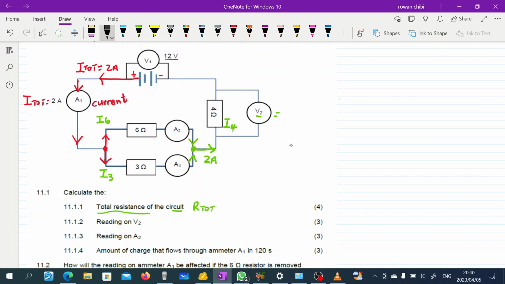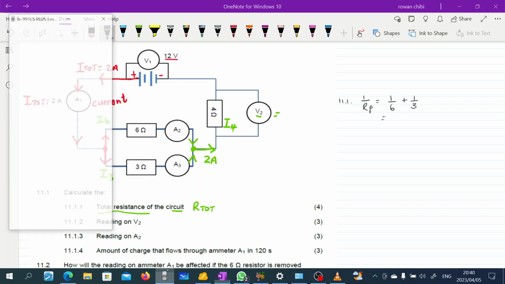So 1 over R parallel is equal to 1 over 6 plus 1 over 3. There are 2 resistors in parallel.